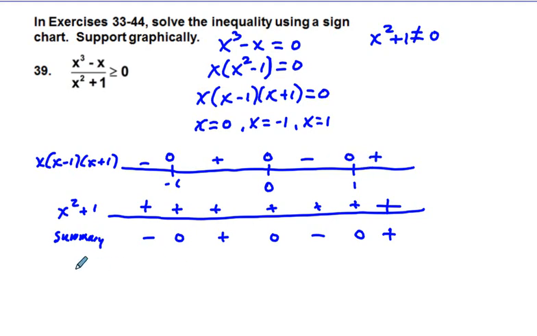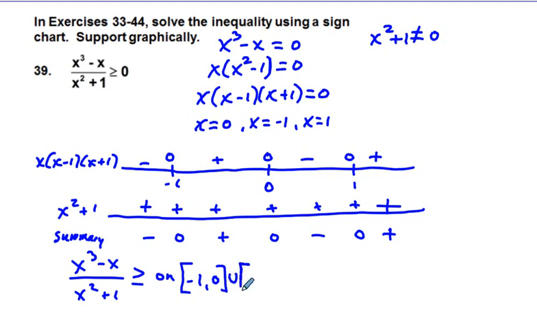So we'll just conclude x cubed minus x over x squared plus 1 is greater than or equal to 0 on the interval of, and again we have the equal to, so we're going to put -1 to 0 bracket, and also 1 to infinity. So that's what it should look like.